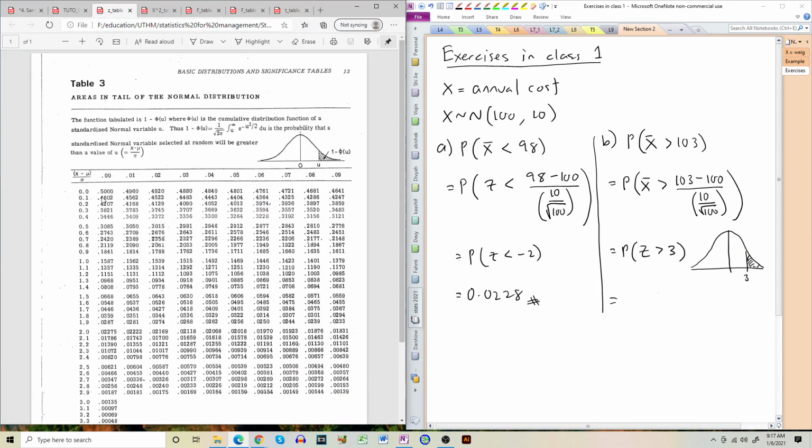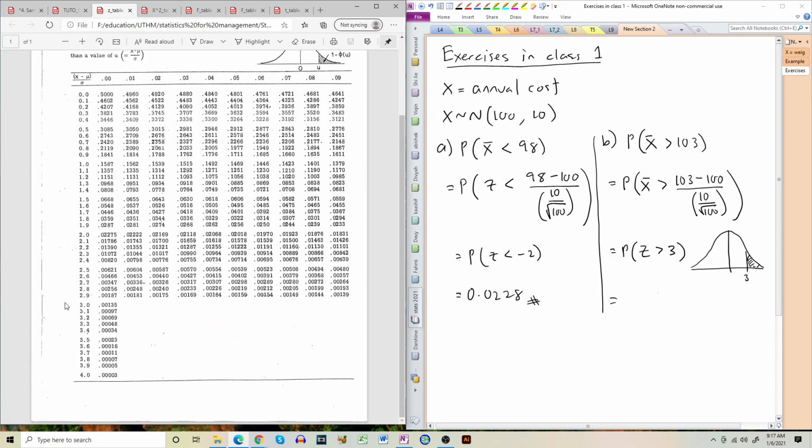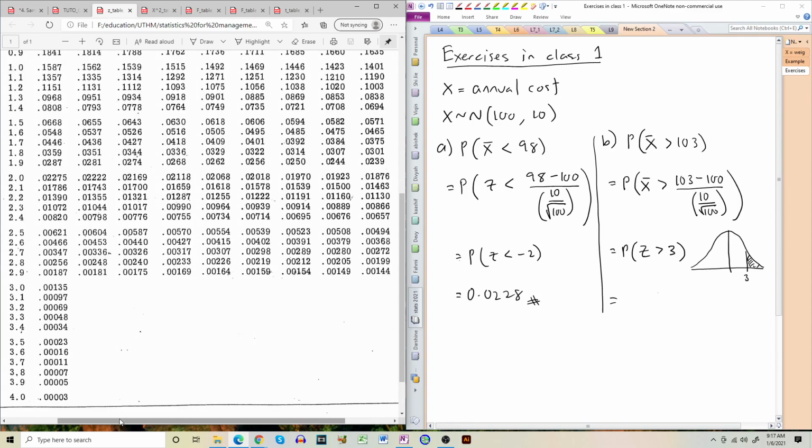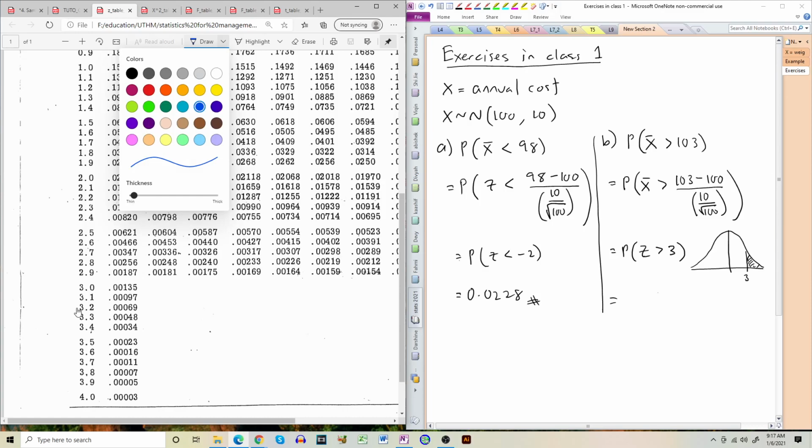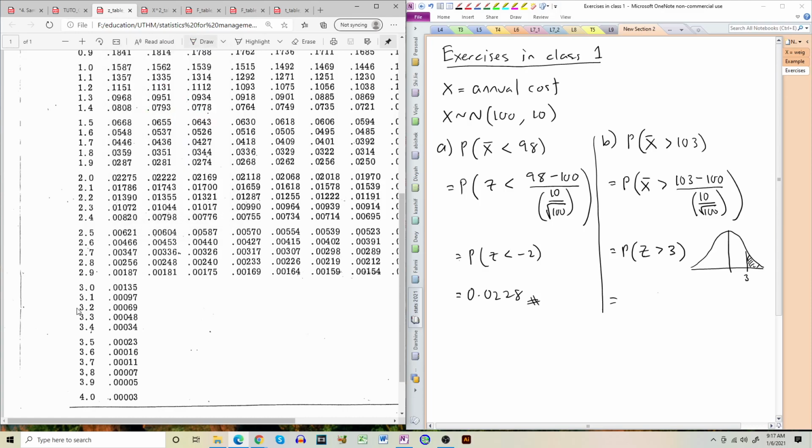From the Z table, you can see three. This is the value, so you can write here 0.00135.